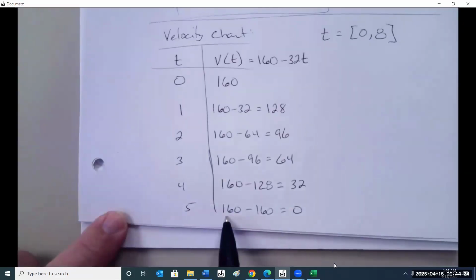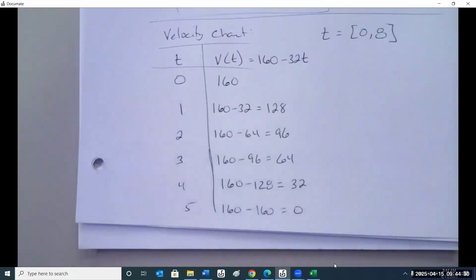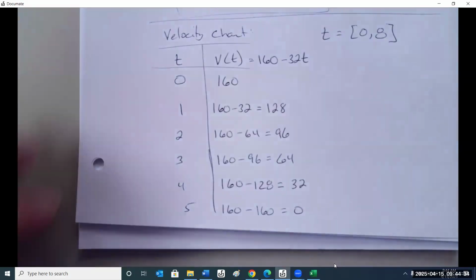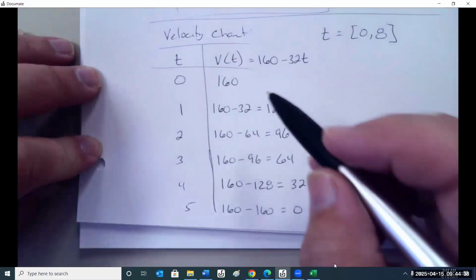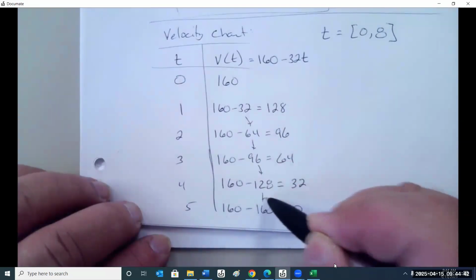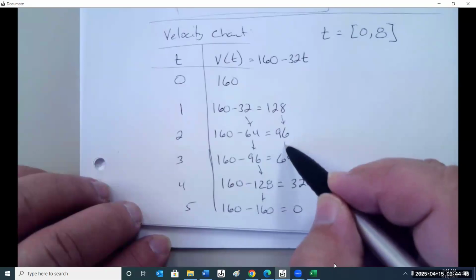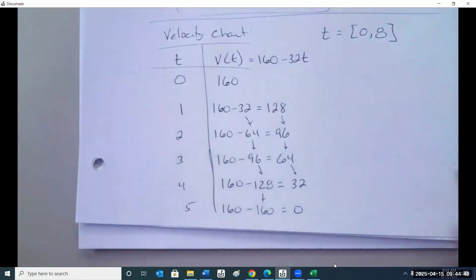So the initial velocity and the velocity of gravity have to be equal because it doesn't go any higher after that. If you notice, these numbers are decreasing by 32, because that's what gravity is.